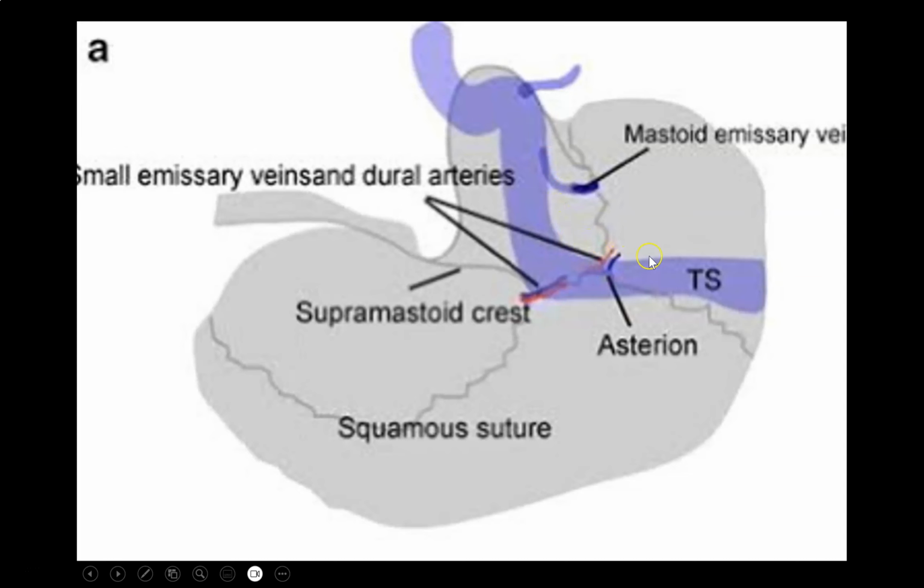And as we said, the transverse extends from the inion to the supramastoid crest, and the sigmoid is from the supramastoid crest to roughly the mid-mastoid point.